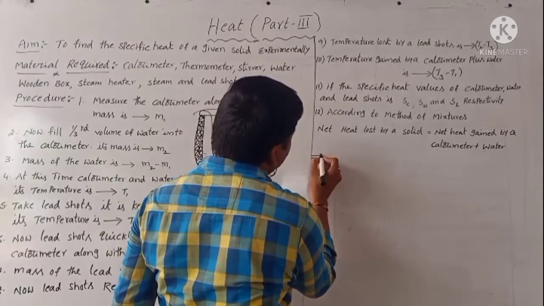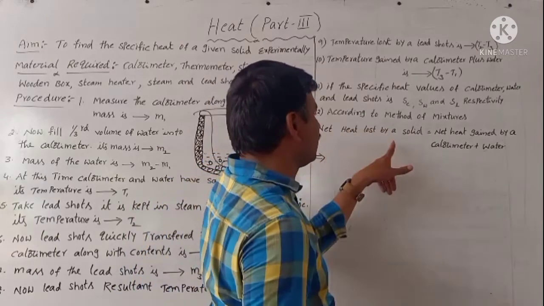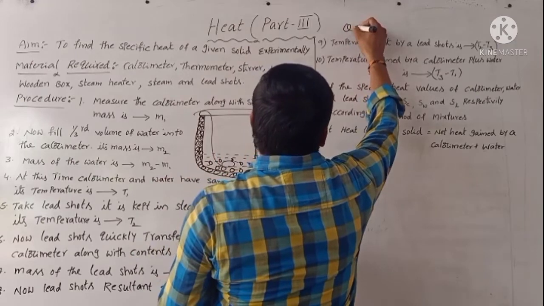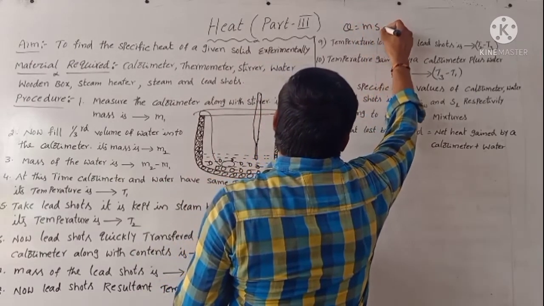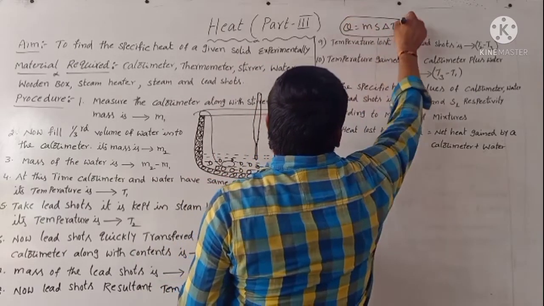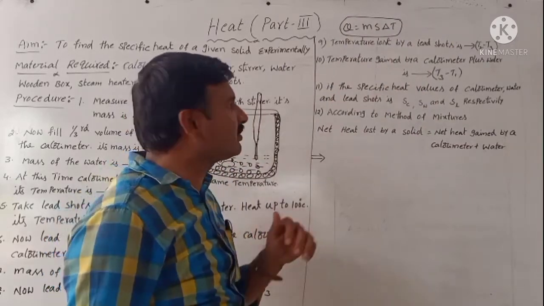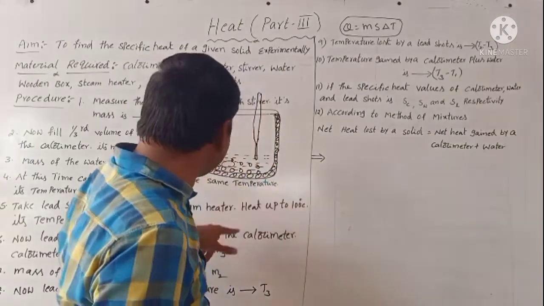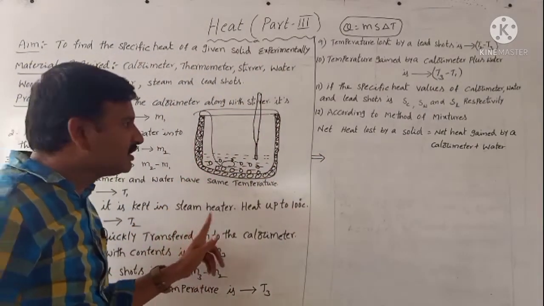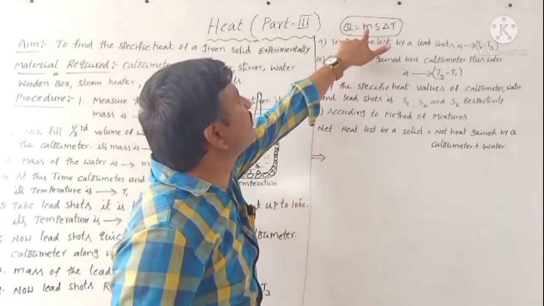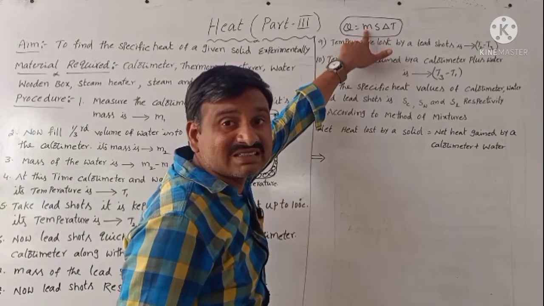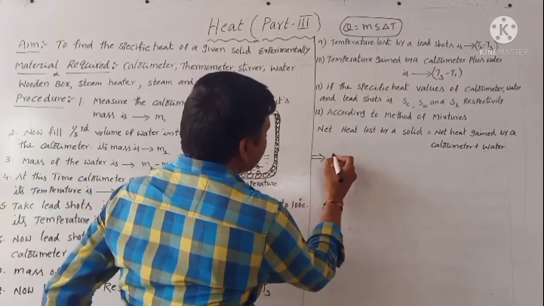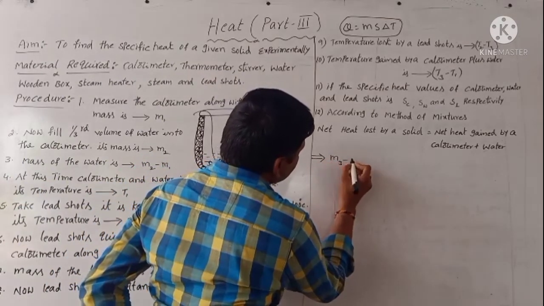How much heat will be lost by the solid? I already told you the formula in the previous class: Q is equal to m s delta T. Here we use this formula. Net heat lost by a solid, which here is the lead shots. M is the mass; the lead shots' mass is M3 minus M2.